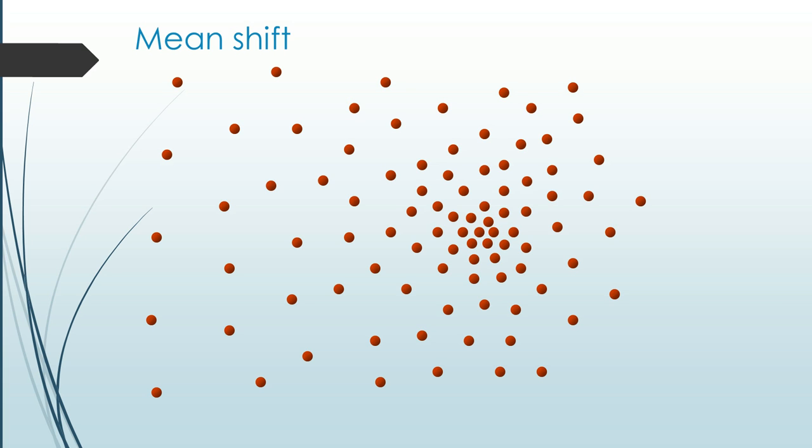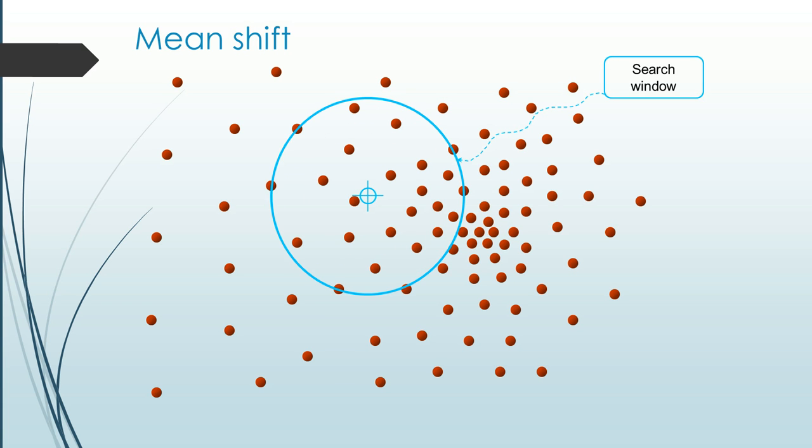First, we have a set of points, for example, and then we define a particular search window, which is randomly defined. Then for this particular window, we calculate the center of mass based on all the different elements that are within this search window.